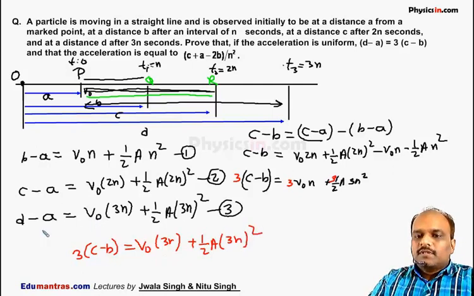If we compare this one and this one, these two are equal, because v naught into 3n is the same and 1 by 2 a into 3n whole square is the same. So we can say d minus a is 3 times c minus b.